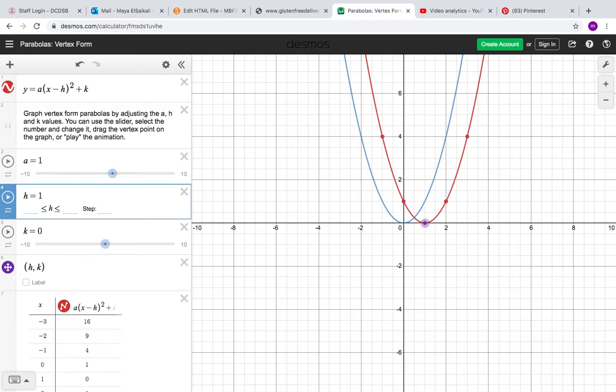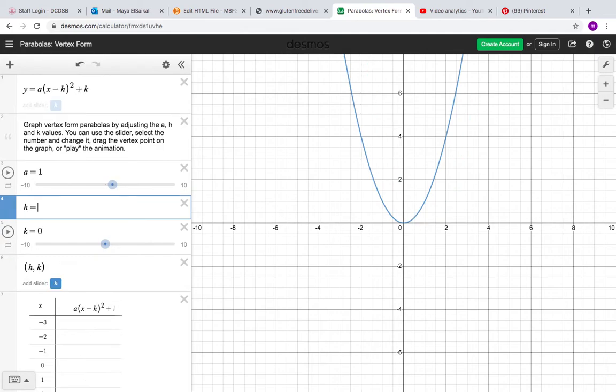It used to be overlapping the blue graph, and that red graph actually moved. Which way did it move? It moved to the right one. As h is equal to 1, we had a transformation of the original graph. It moved to the right one.